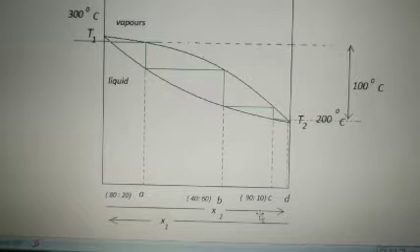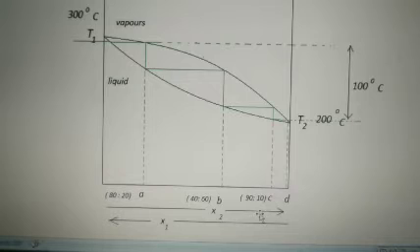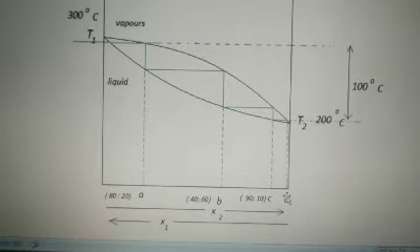It is written here 90:10. Don't take it as 90:10, it is 10:90. It means the B component, the second component, is 90%. As we reach the D point, the second component is 99%.